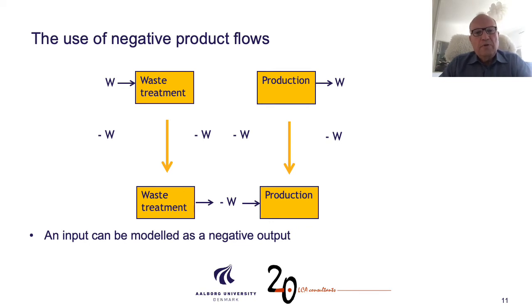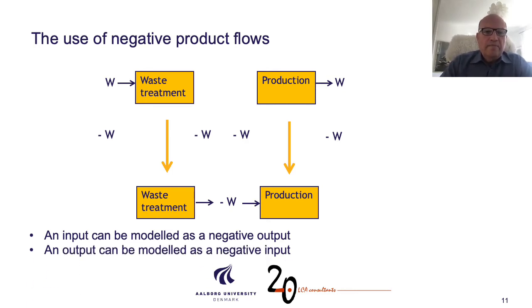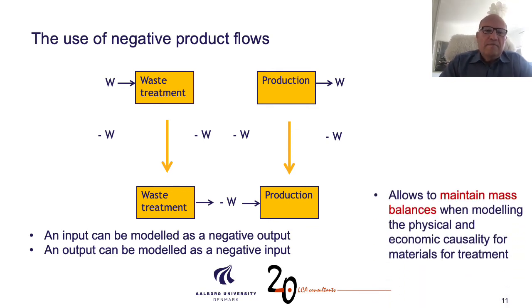So the flow between waste treatment and production is like a demand from the production activity for having treatment of this waste, having this waste reduced and taken away from the production and treated in the waste treatment. In this way, an output can thus be modeled as a negative input, and this combined modeling allows to maintain mass balances when modeling the physical and economic causality for materials for treatment.